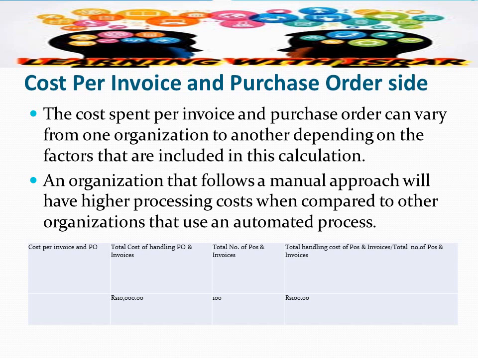This is the cost of placing a purchase order or handling an invoice. The cost spent per invoice and purchase order can vary from one organization to another depending on the factors included in this calculation. An organization that follows a manual approach will have higher processing cost compared to another organization that uses an automatic process.